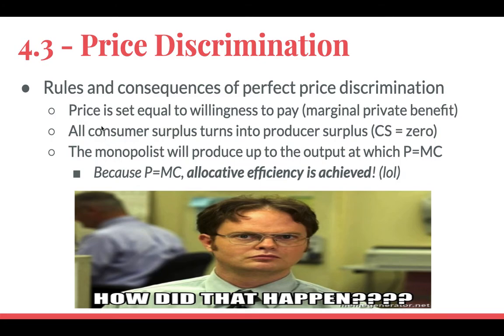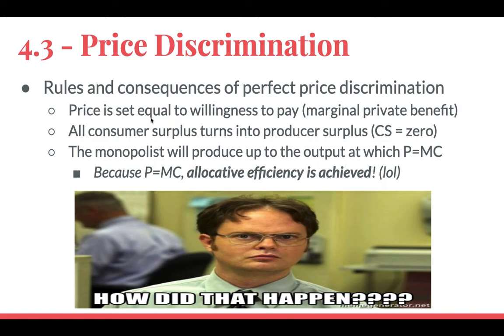The price for each customer is going to be set equal to their willingness to pay, which, if you recall, is determined by marginal private benefit. The personal benefit that you experience from the consumption of a good determines the maximum amount you are willing to pay for that good.